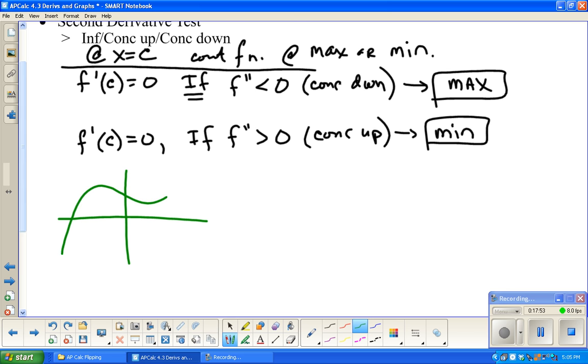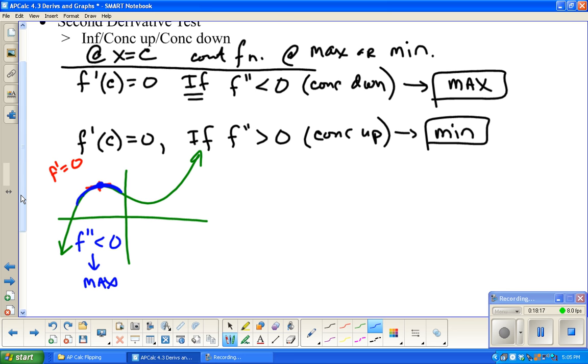Okay, so I have some lovely graph right here, and right about here is a spot where the derivative is equal to 0. And notice the second derivative should be less than 0, should be negative, and that point is a maximum. So this is just a visual explanation for what we just saw.